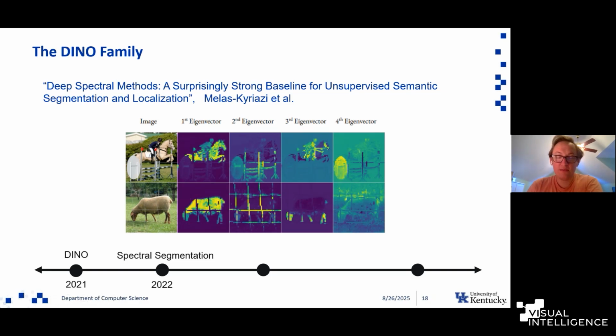Whenever I show this paper to people, I always like the bottom row here where it shows the sheep that's behind the fence. It's so interesting that the fence is overlapping the sheep, but the model is still able to cleanly segment those two things.